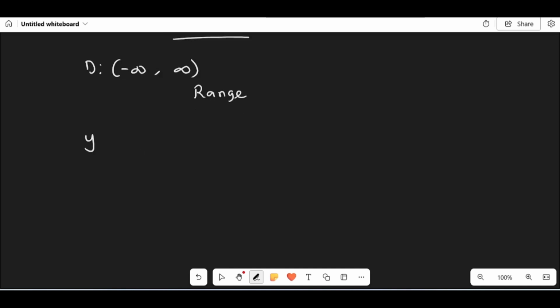Our sine function is y equal to 2 sine x plus 3, and our general sine function is y equal to a sine (bx plus c) plus d. If we compare these two equations, we will see that our a is 2, our d is 3.